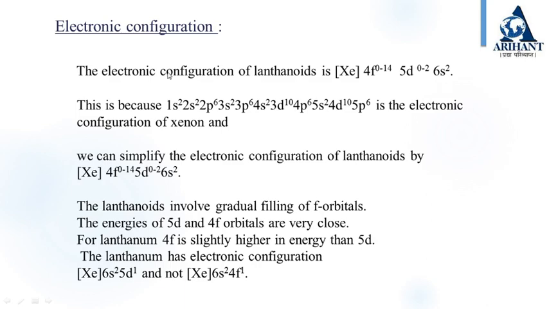The lanthanoids involve gradual filling of f orbitals. The energies of 5d and 4f orbitals are very close. For lanthanum, 4f is slightly higher in energy than 5d. Lanthanum has the electronic configuration xenon 6s2 5d1 and not xenon 6s2 4f1.